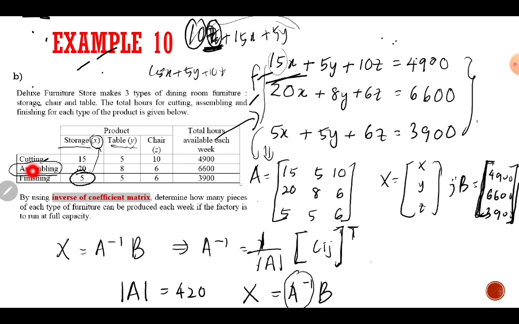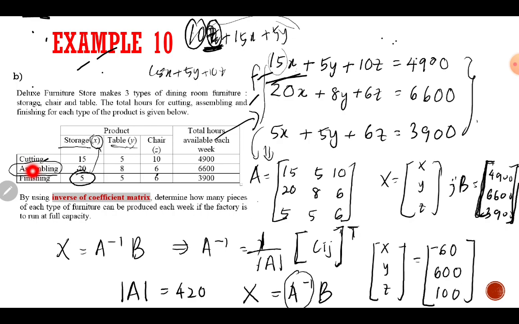And jawapan yang you akan dapat, X, Y and Z, saya bagi jawapan akhir kat sini. Okay, which is equivalent to 60, 600 and 100. Okay, X is equal to 60, Y equals to 600 and Z equals to 100.